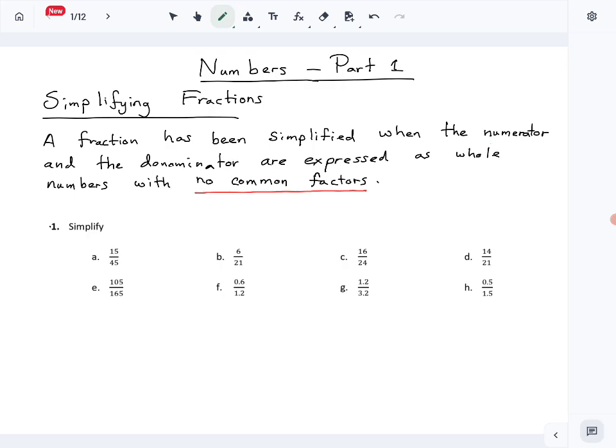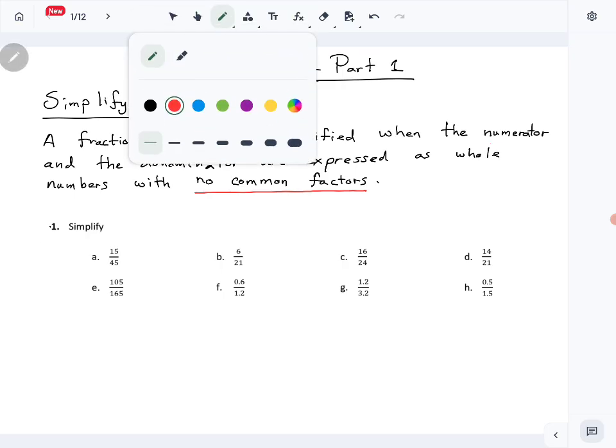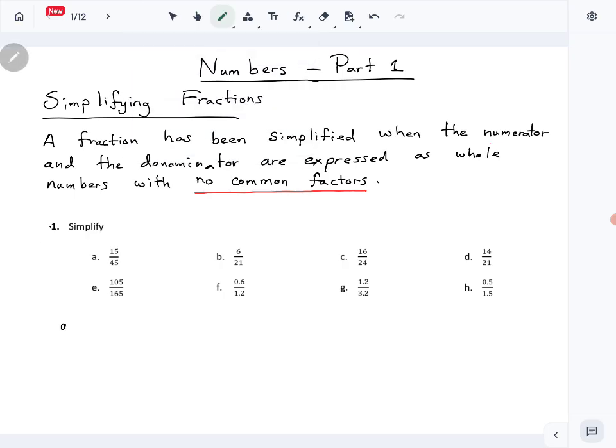Let's look at exercise 1, part A. 15 over 45. We have to simplify this fraction. So cancel all the common factors.